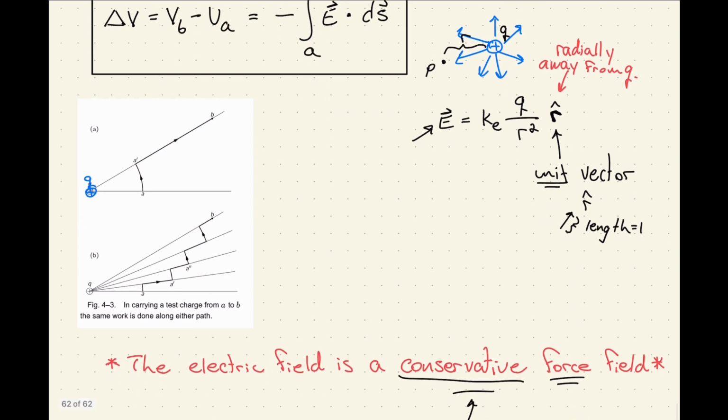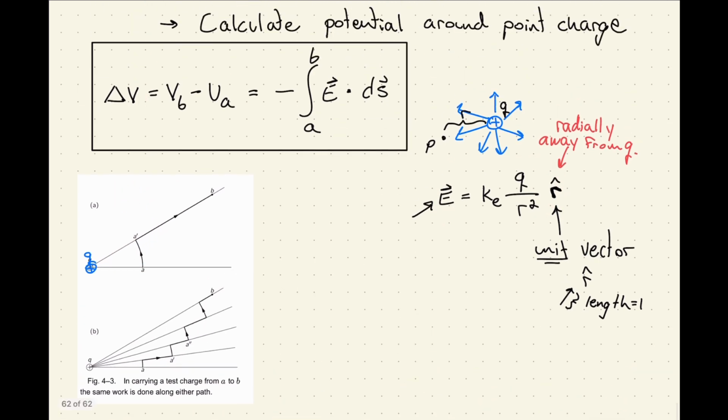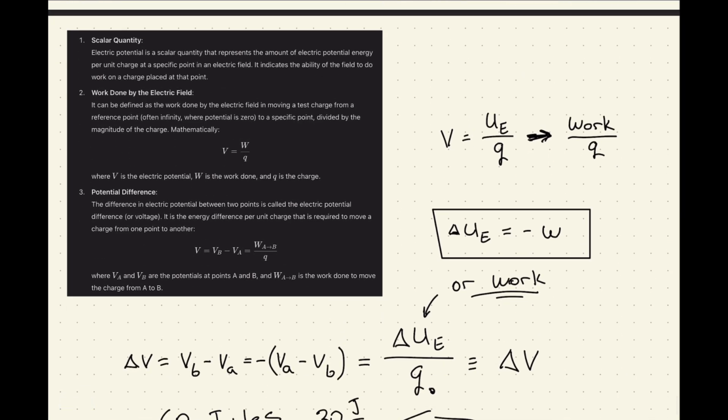So what we want to do is, okay, we start here, and we have, let's say, a point charge. Let's say it is a positive charge. You know that it creates a repulsive force due to Coulomb's law, and you know that there is an electric field created by both of these with this magnitude. Now what we want to do is calculate the potential difference, and what that is by definition is what we saw over here in the couple of definitions. It is the work per unit charge that it takes to move a hypothetical charge inside some electric field.